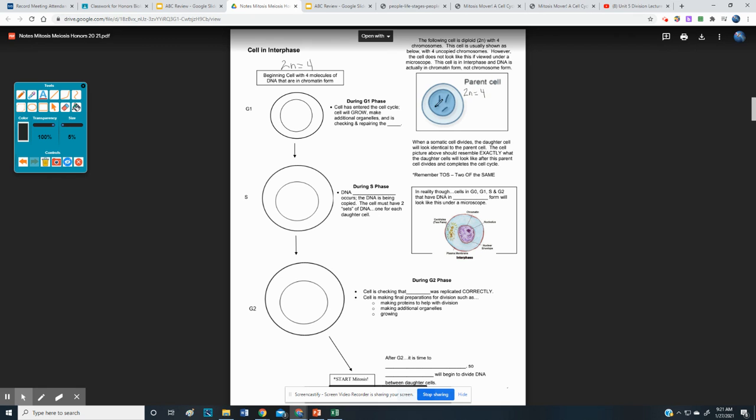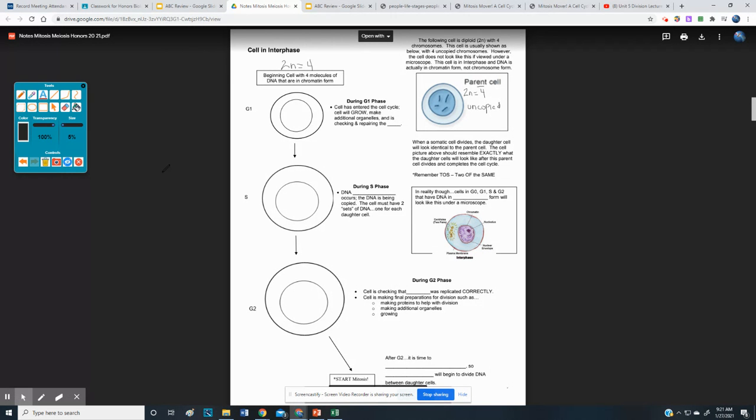By the way, are those chromosomes that we're looking at in this starting cell copied or uncopied chromosomes? Uncopied. Very good, because when they're copied, they look like X's, okay? So if I say draw a cell with 4 uncopied chromosomes, this is what you would draw, okay?